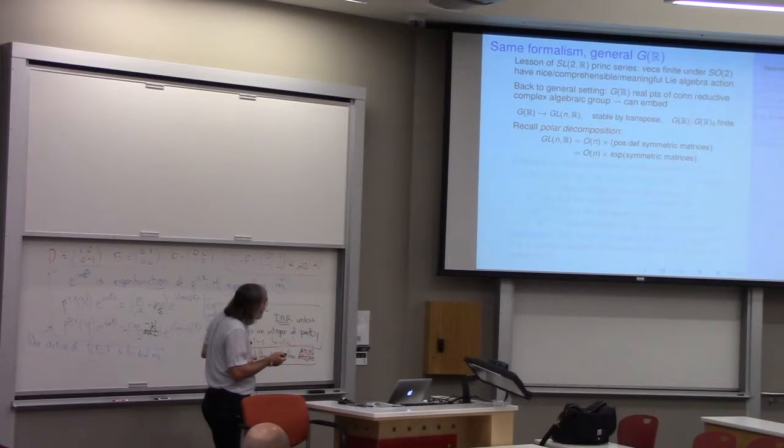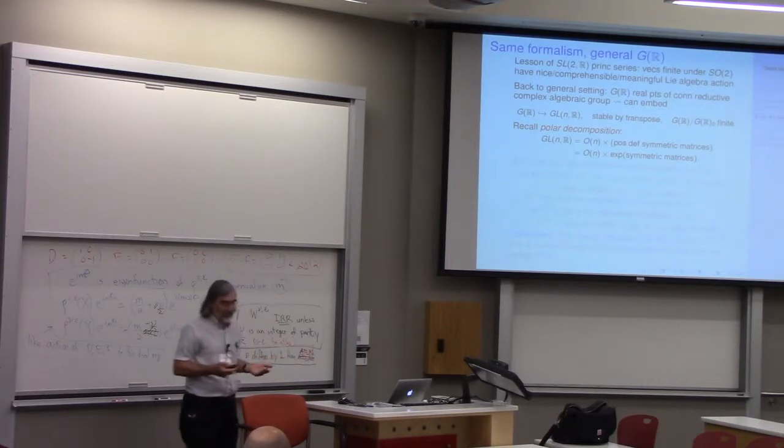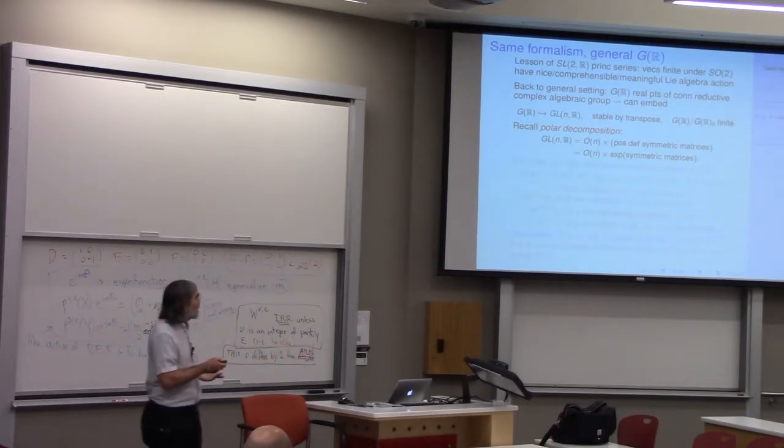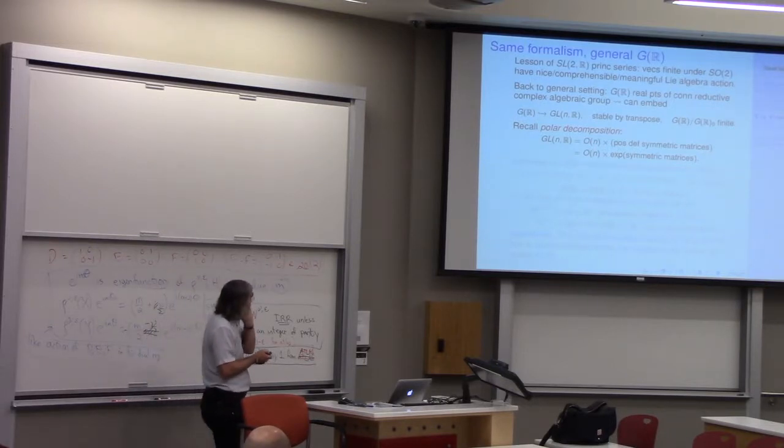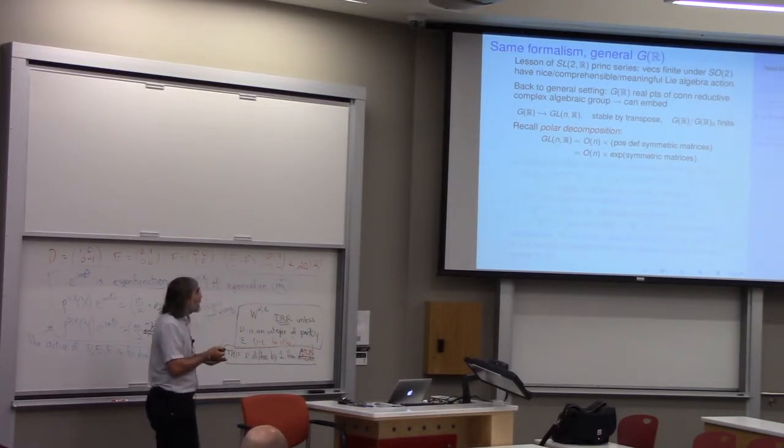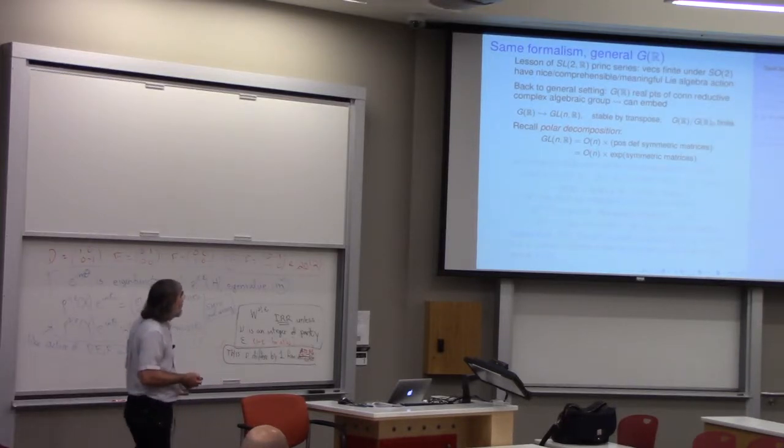And a positive definite symmetric matrix has a unique logarithm, which is an arbitrary symmetric matrix. So this exhibits GLN topologically as a direct product of the orthogonal group and this vector space of symmetric matrices.